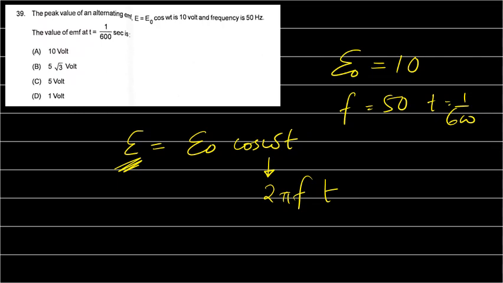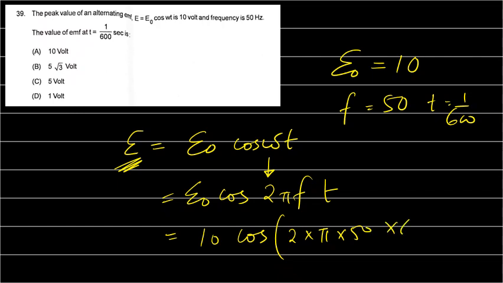So this is 10 cos of 2 into pi into 50 into 1 by 600. So this is pi by 6, and cos pi by 6 is root 3 by 2, so 5 root 3. So this is the answer, and this is option C.